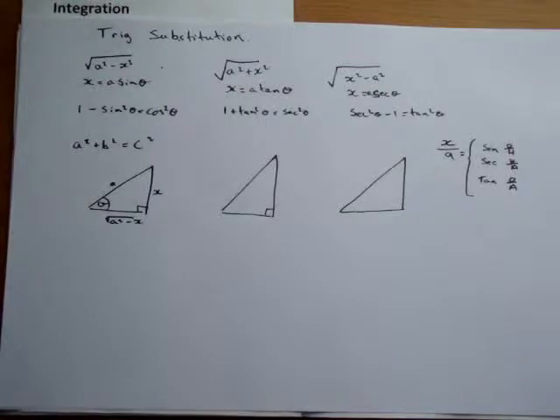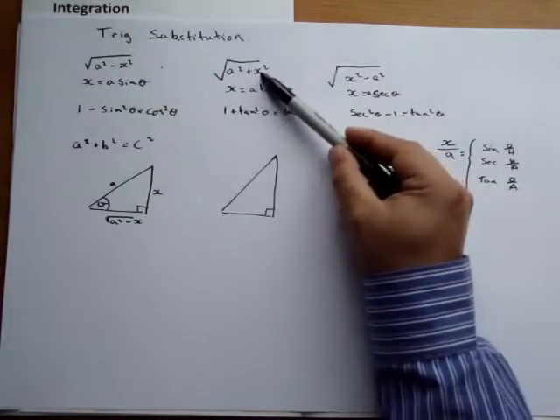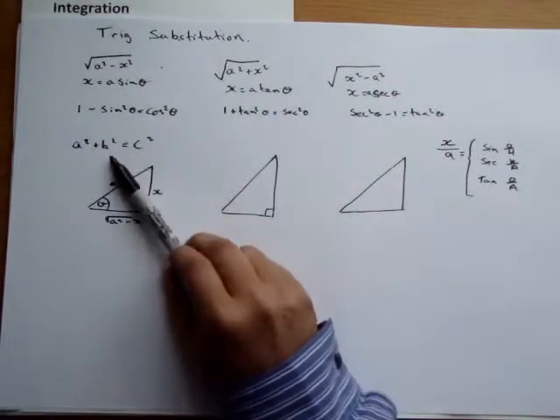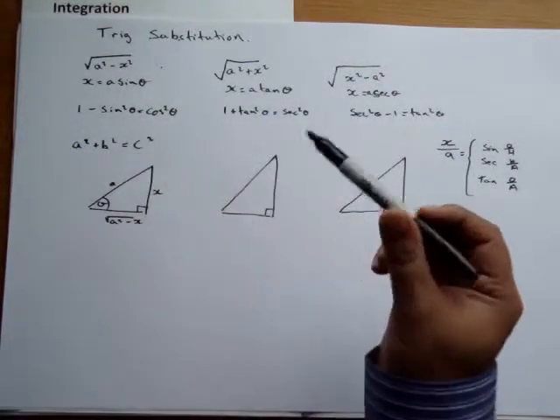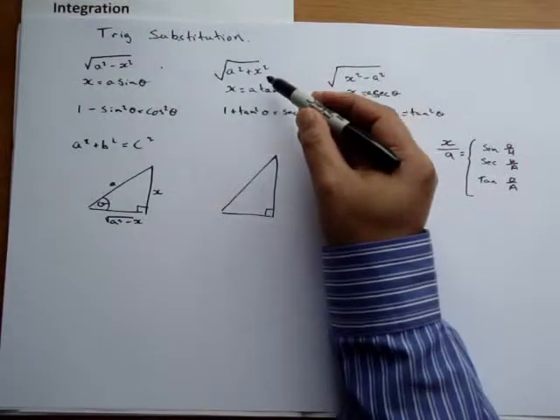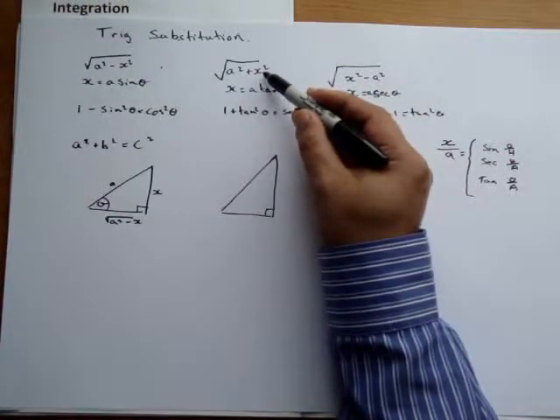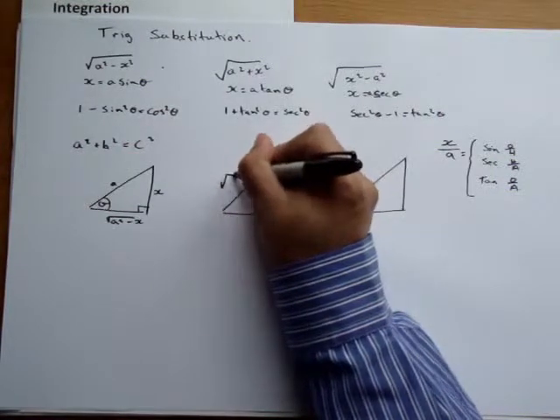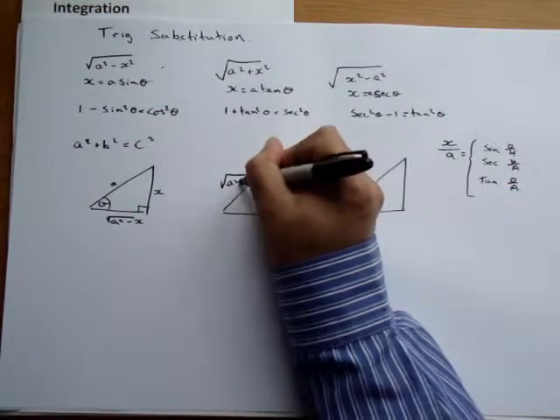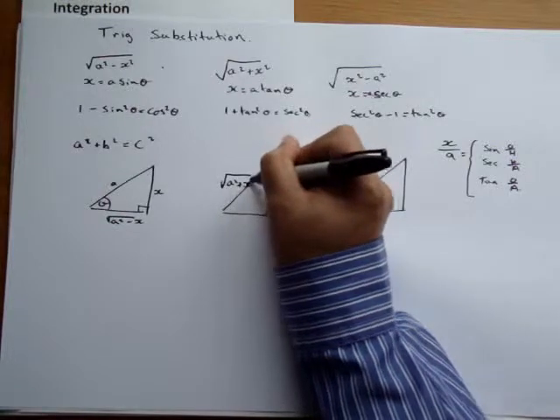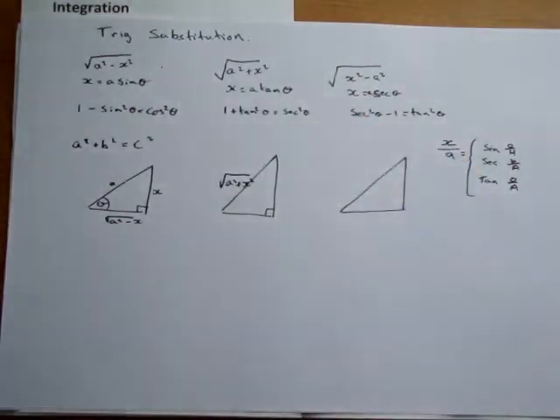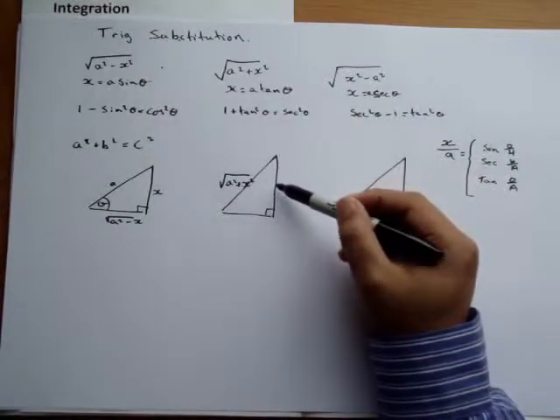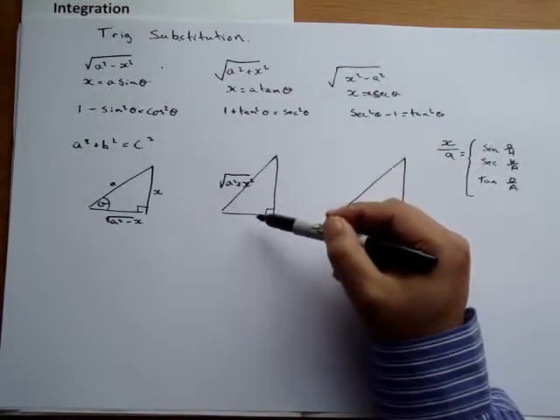So in this case, a squared plus x squared, from our Pythagoras formula, a squared plus b squared equals c squared, the square root of a squared plus x squared is the actual hypotenuse. Now we have to figure out which side is the x and which side is the a.